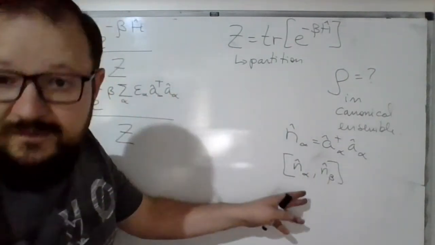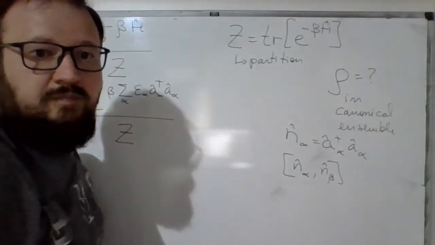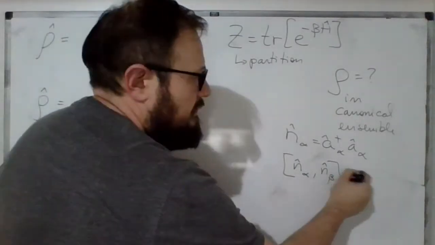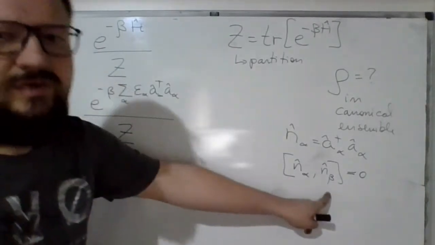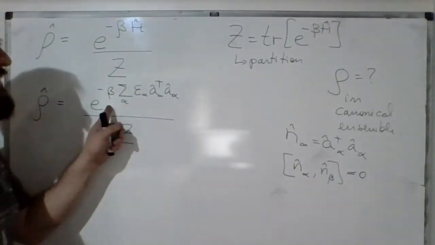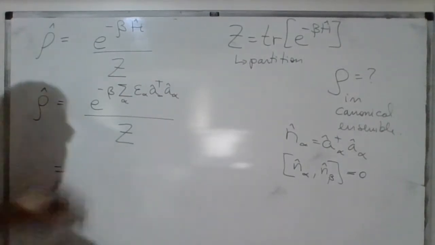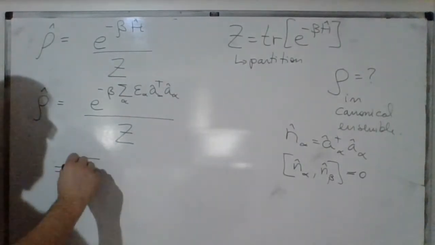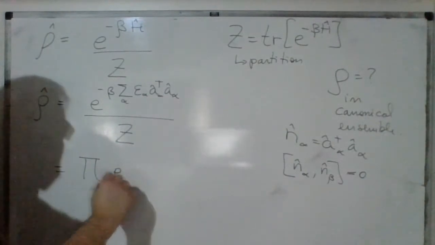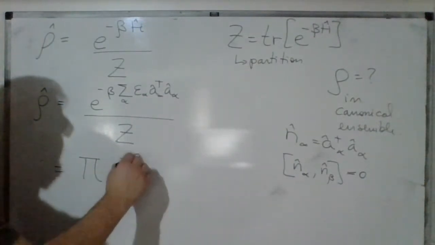But in particular for bosons, this thing here commutes, and therefore the exponential of a sum can be rewritten as a product of the exponentials of minus beta.